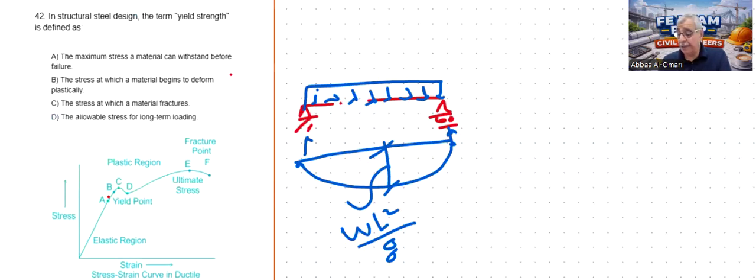This is the yield point, which is here, point B. That means if the load is removed, the object will not go back to its original state. The next question, so the answer is B.